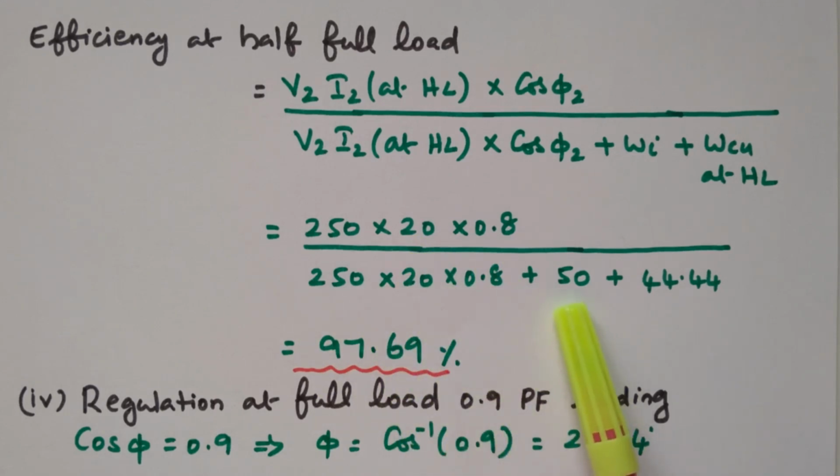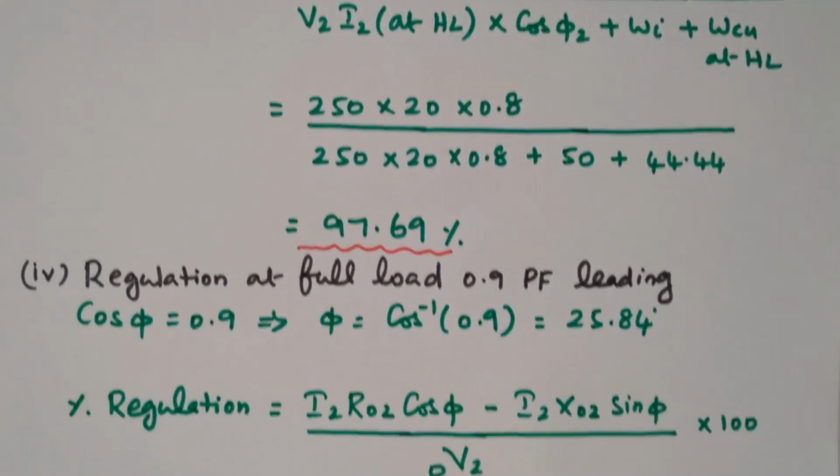Iron loss will not vary with the current, so we take it as it is, plus half load copper loss, which we calculated as 44.44. So by simplifying this, we got 97.69%. So the efficiency at half of the load at a power factor of 0.8 leading is 97.69%. Now we'll go to the fourth question.